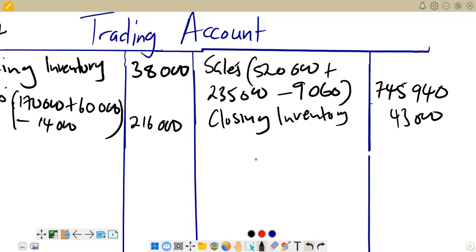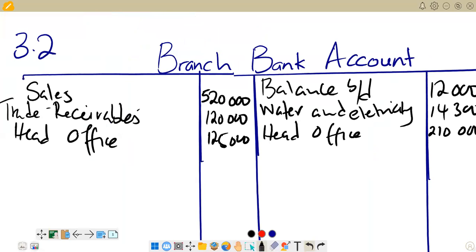So these are the entries that we have there in terms of the trading account, but also in the trading account we also have the inventory. If you go back to the question, let's go back to the question and see what we have.